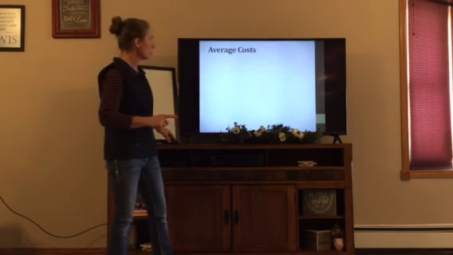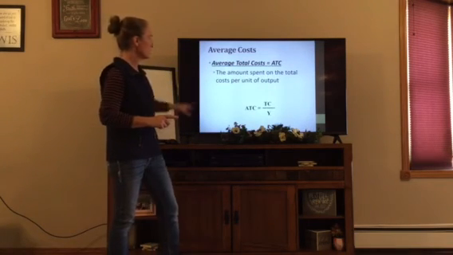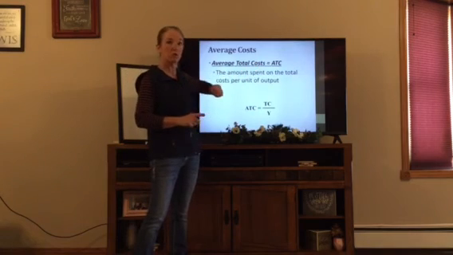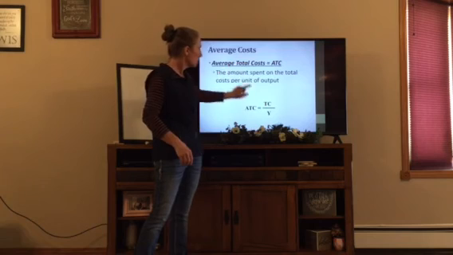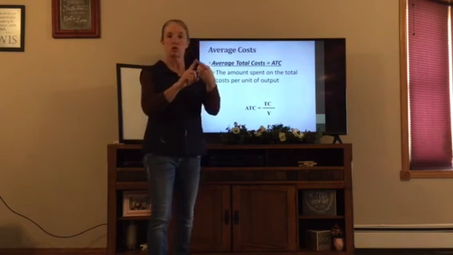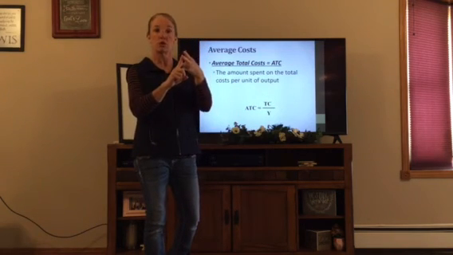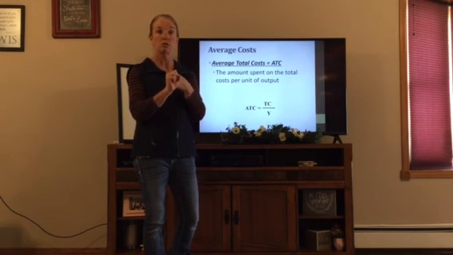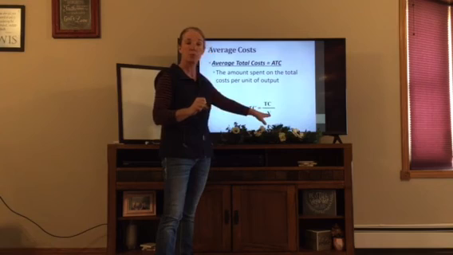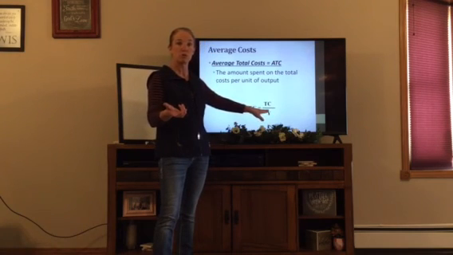My average total costs are simply the amount of total costs per unit of output. Now we're taking our total costs and putting them on an average. We take our total cost, which was $200 in fixed costs and $400 in variable costs. We have $600 in total costs, and we divide by how much output we're producing, which is the 200 bushels.